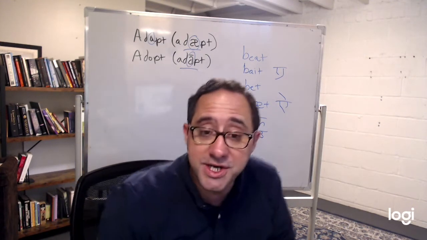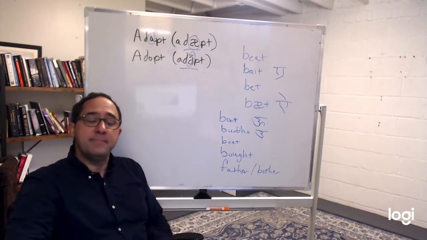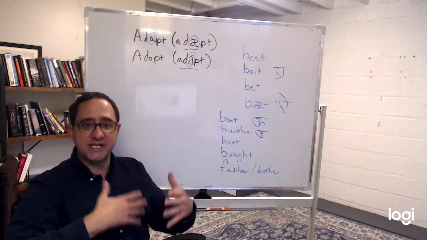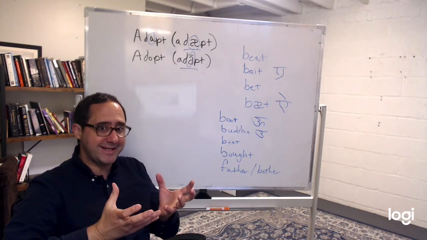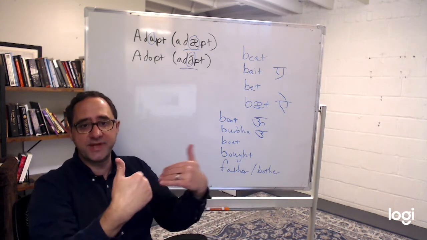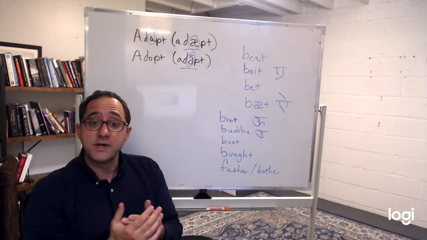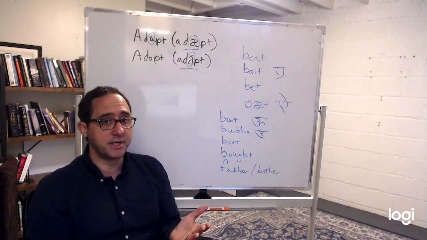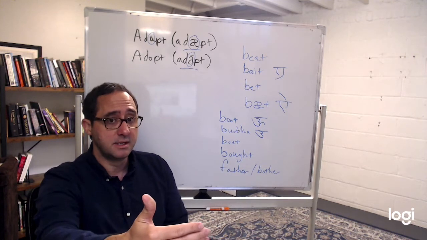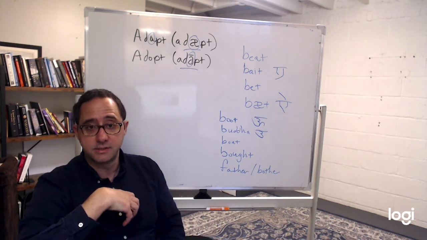Okay? Now we're going to talk about what they mean. Adapt means to change something, to edit it. Adopt means to take something into your life that didn't come from you. So, for instance, people adopt children. The child is not genetically theirs, but they adopt them and make them their own child.